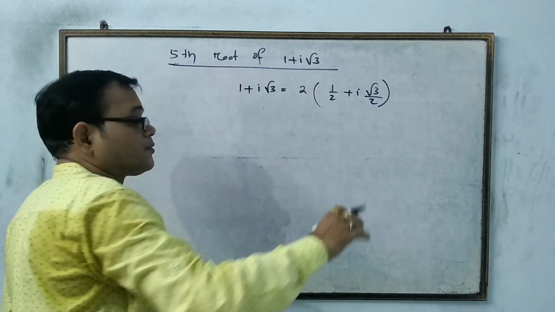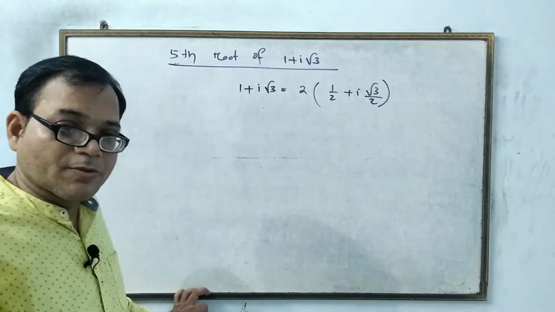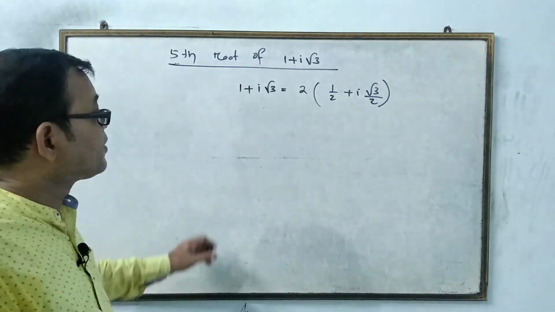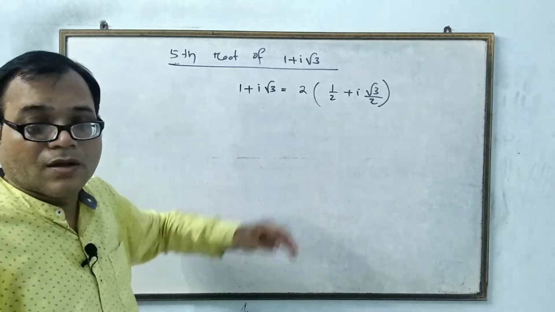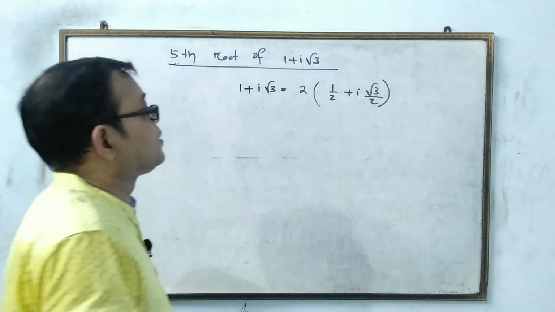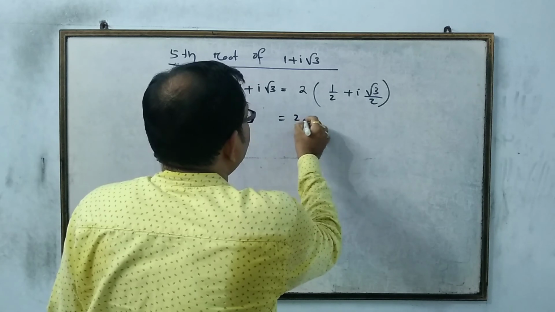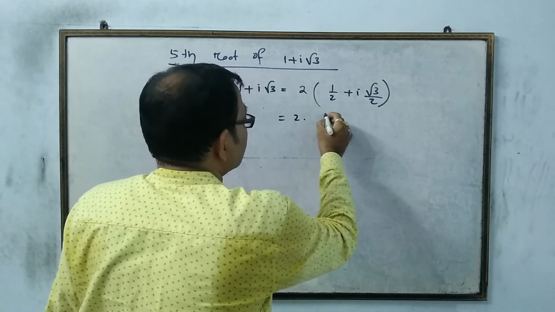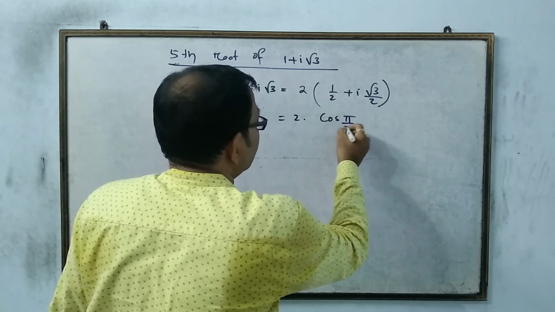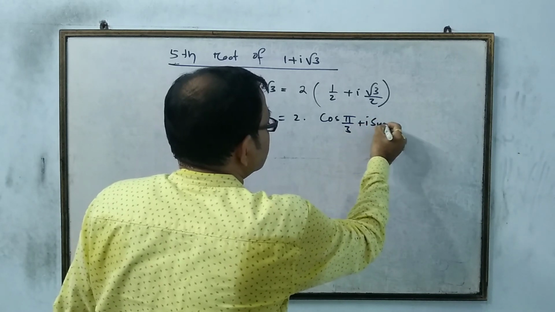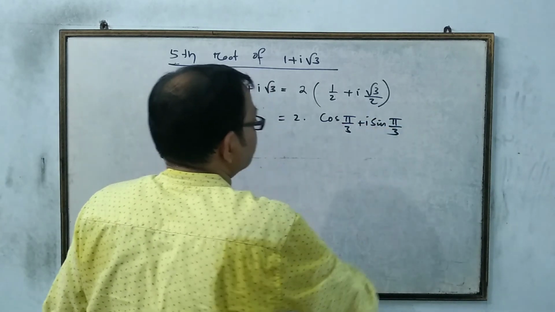How I got it, I have discussed in the previous video. You can watch that one to see how to get the Euler form. This form is called Euler form. You see, 2 into cos pi by 3 plus I sin pi by 3.